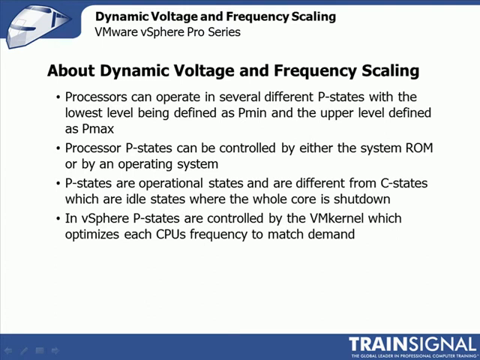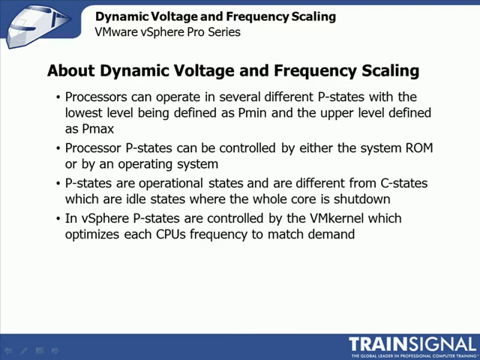Depending on the processor, there may be several different P states that it can operate in, with the lowest level being defined as Pmin for minimum, and the upper level defined as Pmax for maximum. For example, a 3.0 GHz processor will have a Pmax of 3.0 GHz, and might have a Pmin of 2.0 GHz, with several in-between P states like 2.3 GHz, 2.5 GHz, and 2.7 GHz.